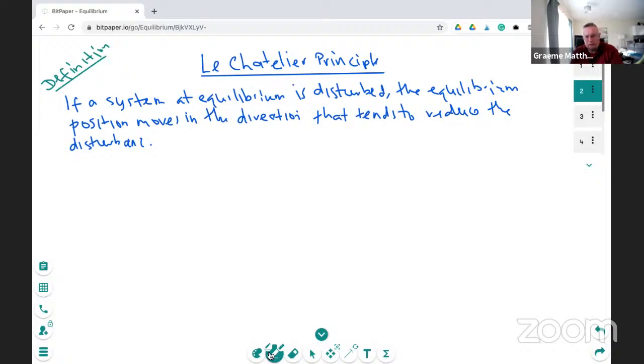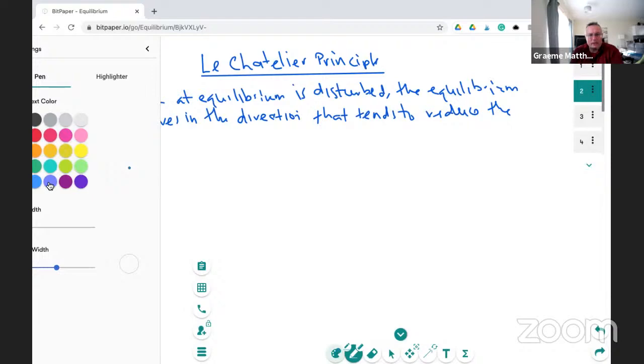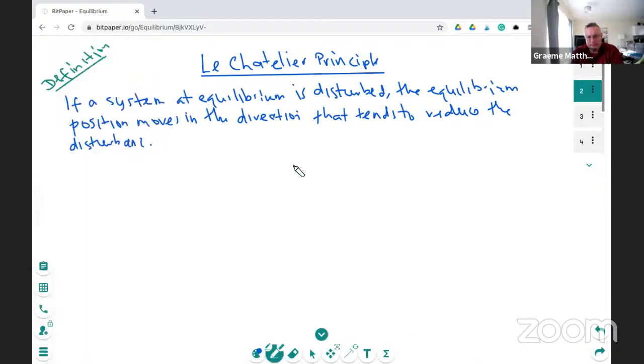Well, this is how I think about it. Imagine, and this is a real American example, I know, a barrel with a plank of wood on it.